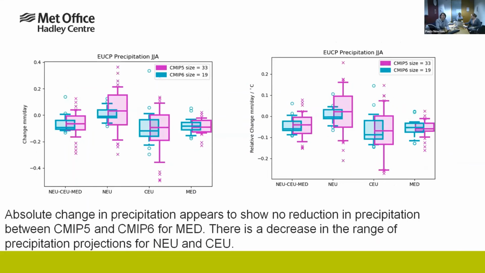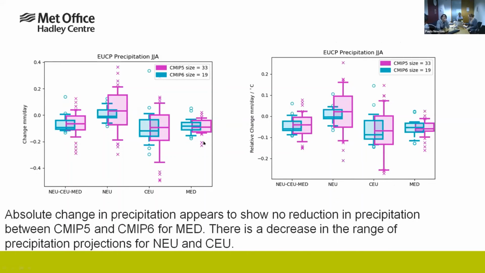Because of that big percentage change you saw in the Mediterranean, I also had a quick look at the change in millimetres per day, so the absolute change in precipitation. You can see here for the Mediterranean, the difference seems to have pretty much disappeared.